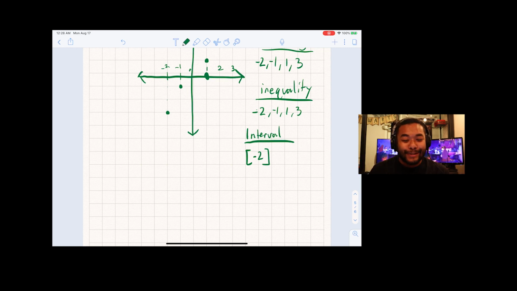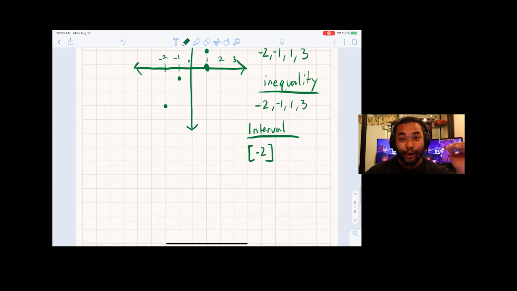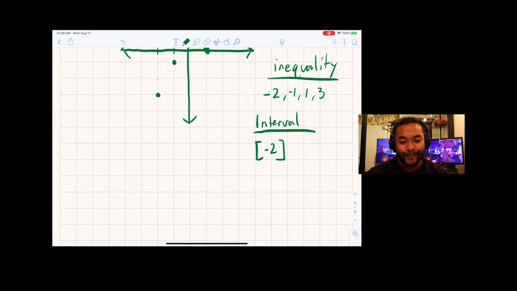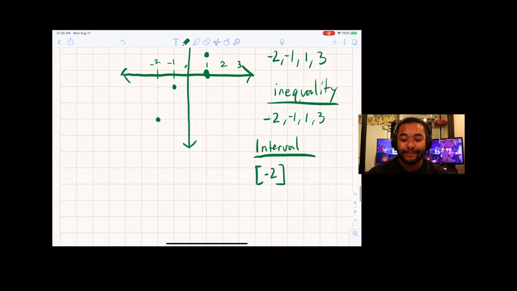Well, luckily intervals don't have to have length. They can just be a single number. So this interval of close bracket is equal to -2, close bracket gets to no further than -2, is in fact an interval. So x equals -2.